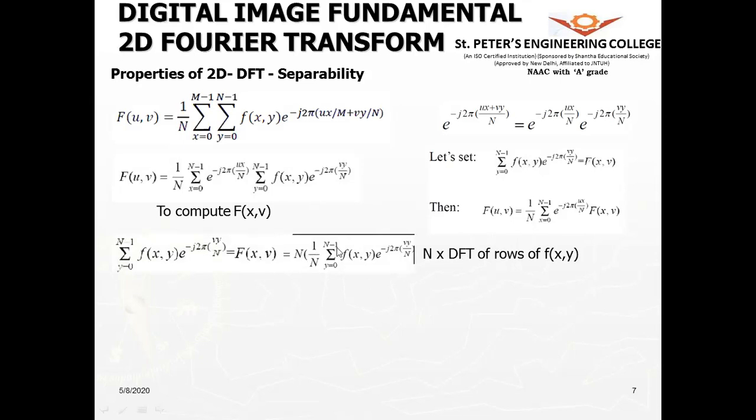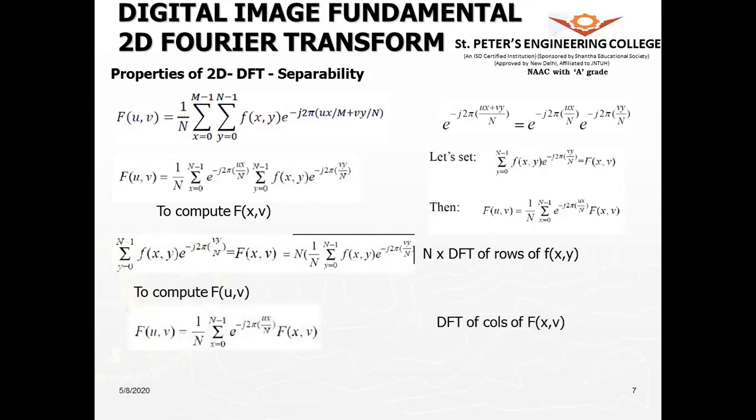This is the multiplication to obtain the DFT for the rows, so that is a row transformation. Next, to compute F of u comma v, we perform the column transformation by using this next relationship.